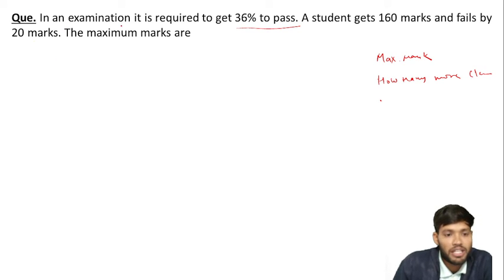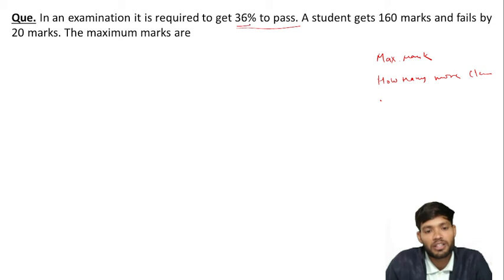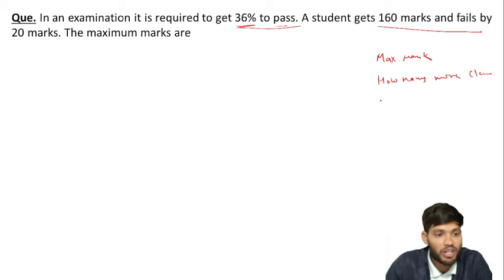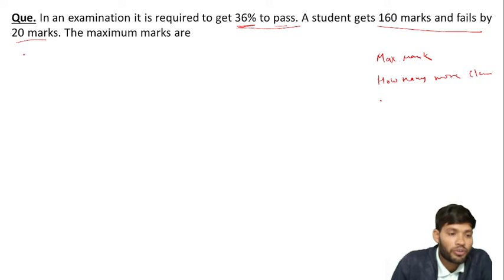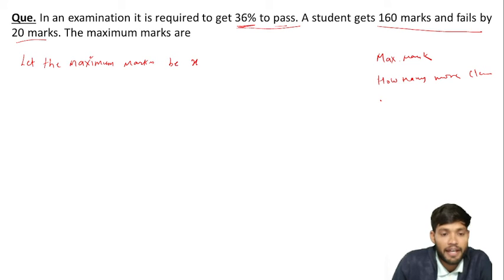Now in an examination it is required to get 36% to pass. A student gets 160 marks and fails by 20 marks. The maximum marks are? So let the maximum marks be x.